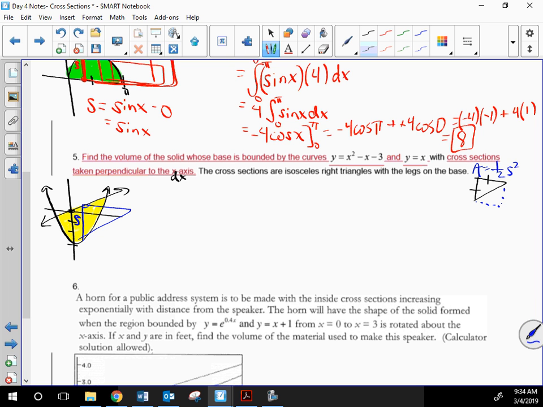To figure out my side, we do top minus bottom. My top function was x minus my bottom function, which was this parabola. It's the same function on top and on the bottom the whole time, so we don't have to split it up. My bottom function was x squared minus x minus 3. So we get negative x squared plus 2x minus 3 as my side.